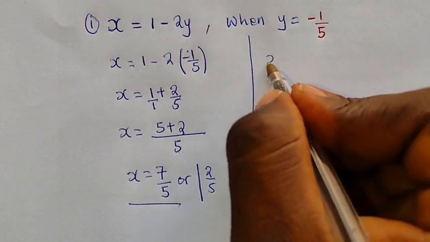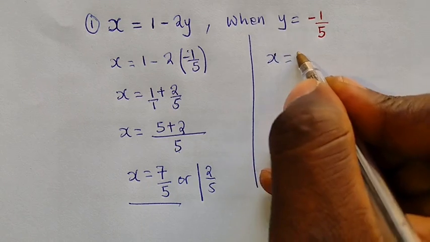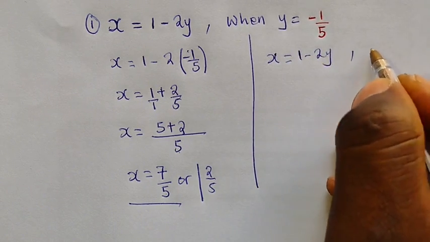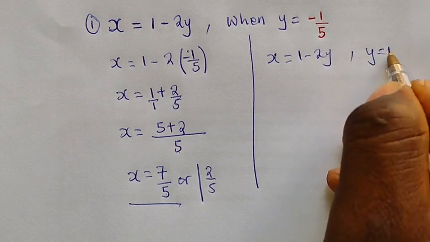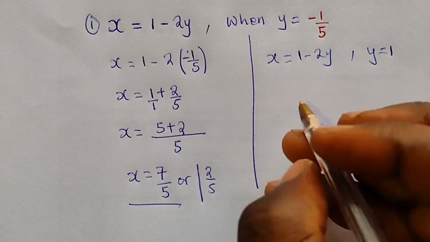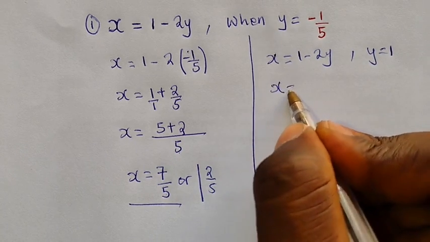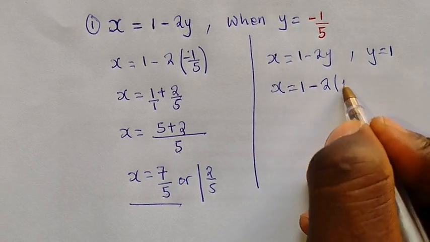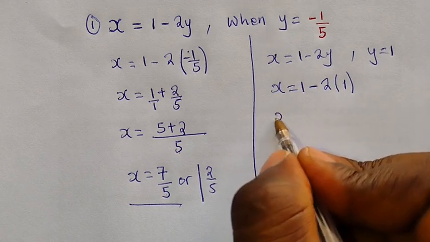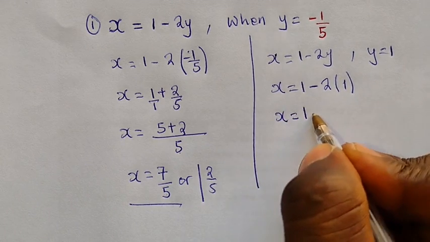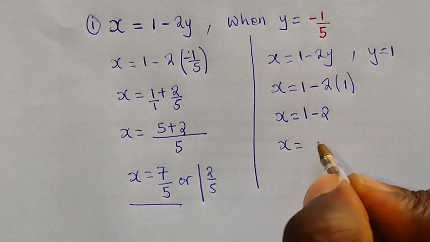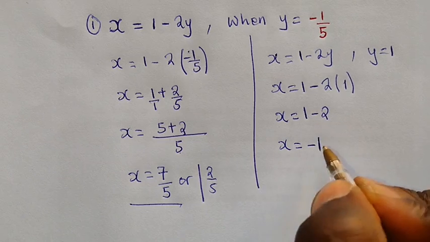Now, let us find the other value of x. So we use the same equation where x is equal to 1 minus 2y, okay, when y is equal to 1. Remember, we had two values, so we are going to say x is equal to 1 minus 2. Where there is y, we're going to put a 1. Okay, x is equal to 1 minus 2 times 1 is 2. So x is equal to 1 minus 2, which is negative 1.